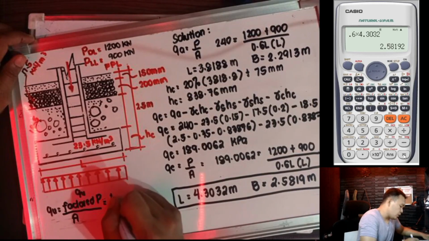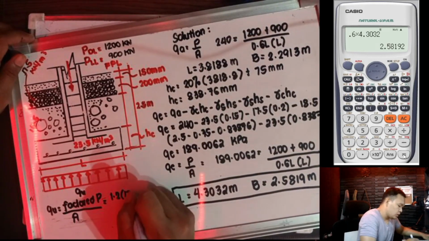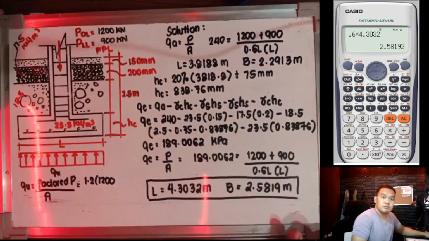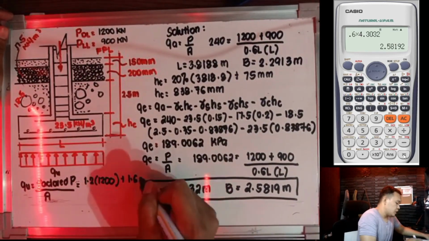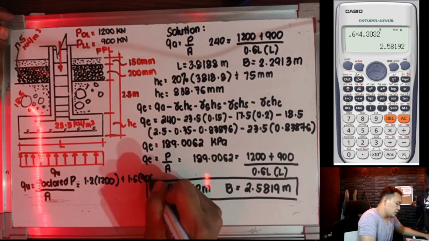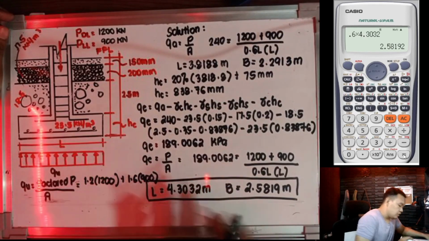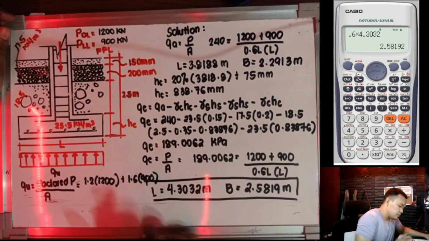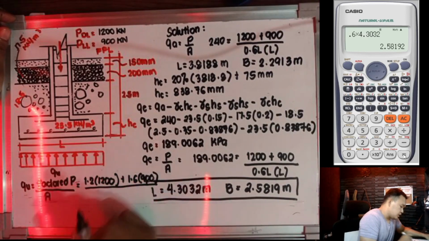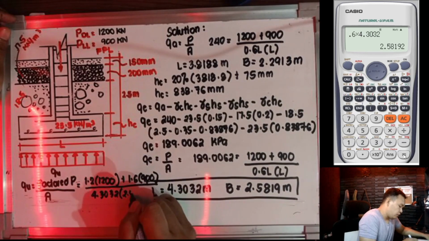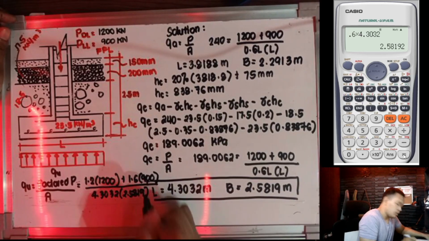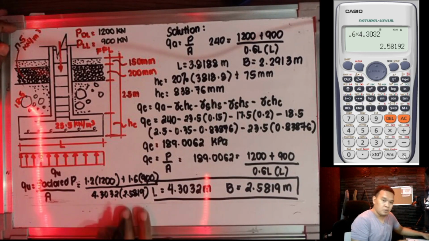Factored P is 1.2 of the dead load, 1,200, plus 1.6 of the live load, which is 900, divided by the dimension, which is 4.3032 and 2.5819. Okay? I hope you can still see that.